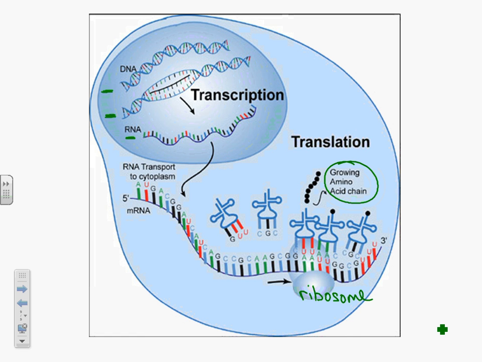So this is something that you do need to put some effort into because it will be part of the exam. You will be expected to know which stages do what. You will be expected to be able to decode some base sequences, or not decode them, but to be able to work out what the complementary bases would be.